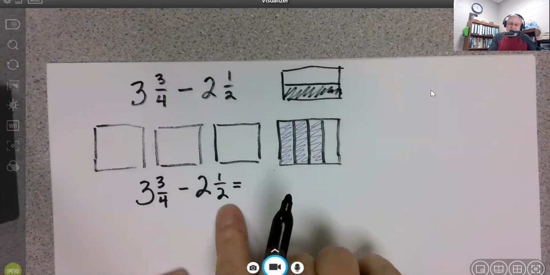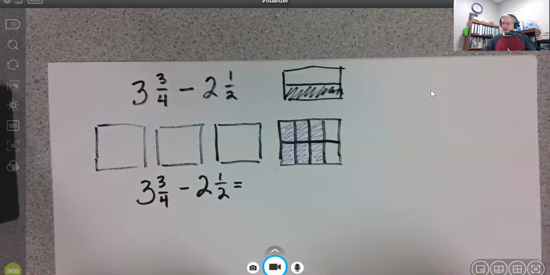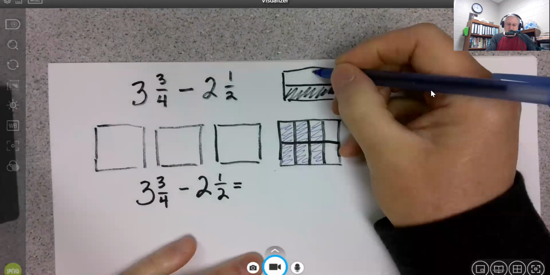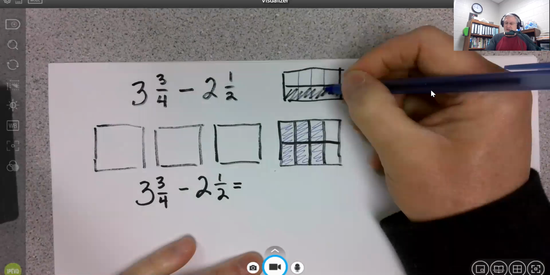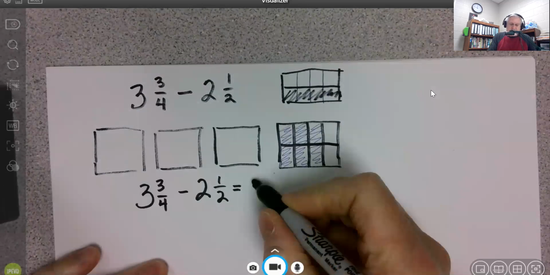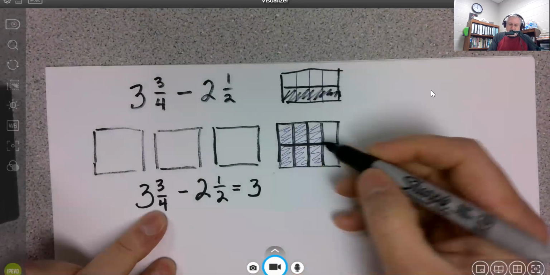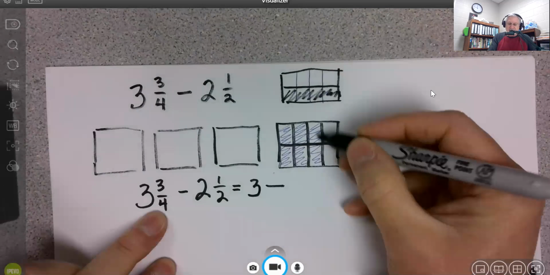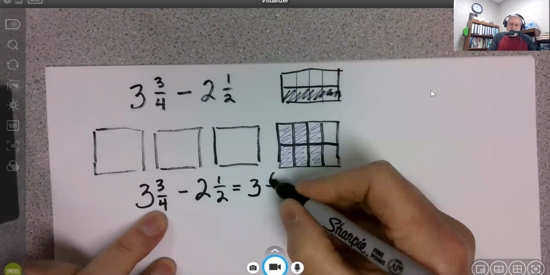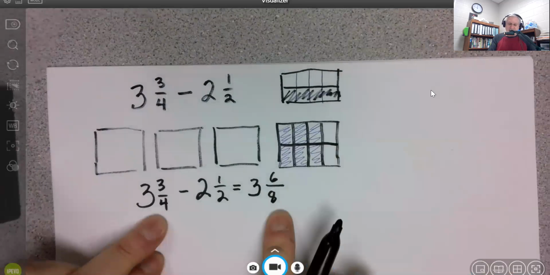How I do that is I take 1 horizontal line going across, and on top I partition it into 4ths. So now I have 3 wholes still, but instead of 3/4, if I count my shaded, I have 6, and my total, I have 8. So 6/8. So I know that 3/4 is equivalent to 6/8.